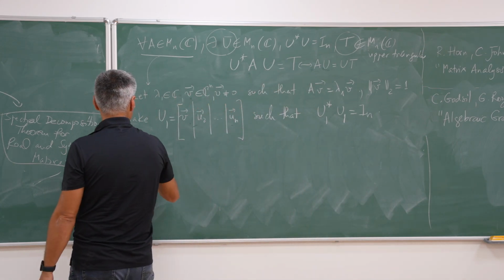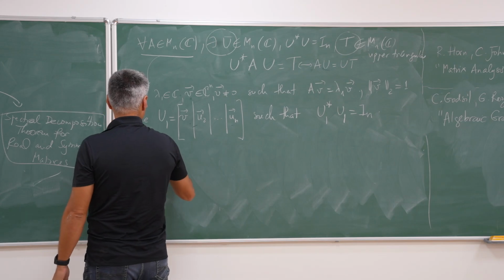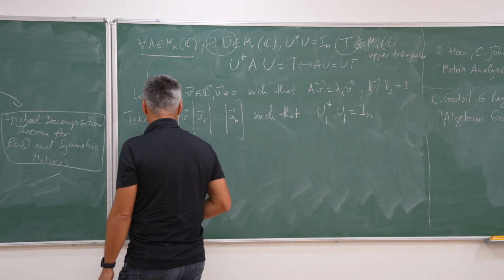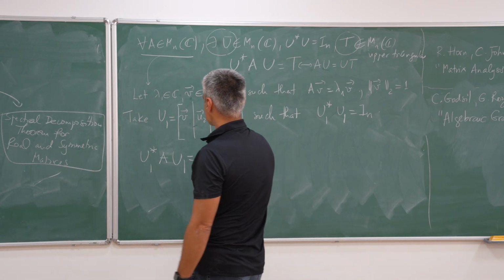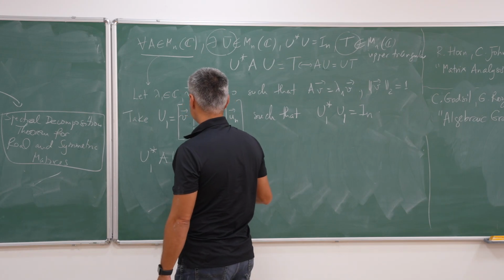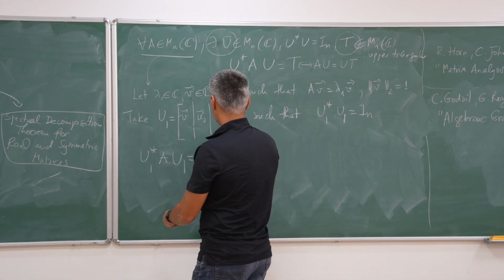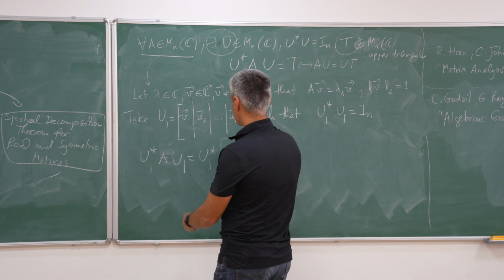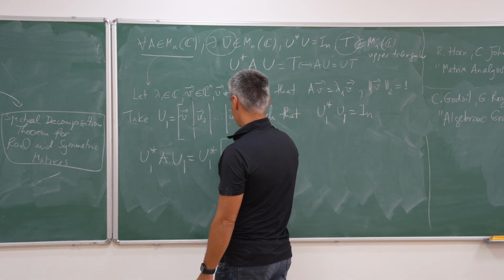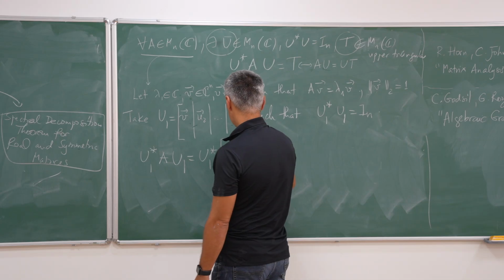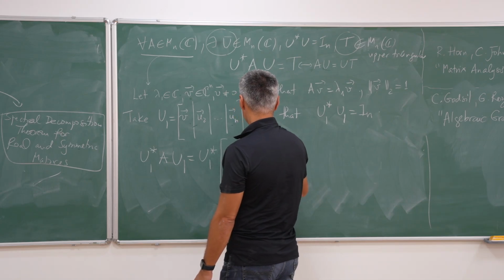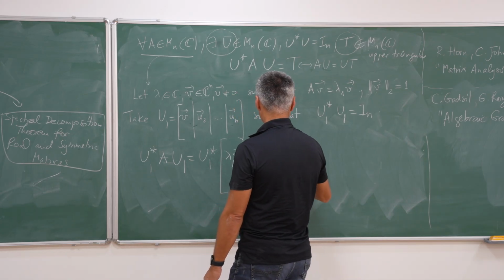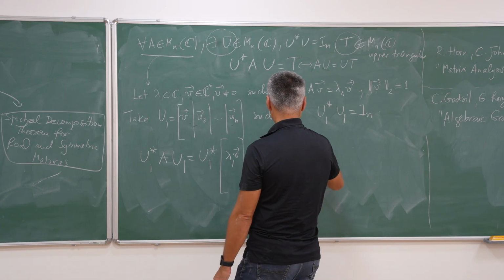And then you ask, what is going to be U1 star A U1? So it's U1 star, and now A U1 is going to be lambda 1 V, then A U2, ..., A Un.